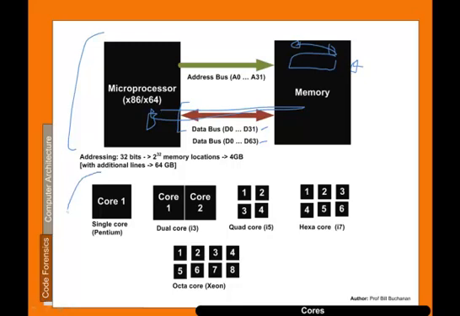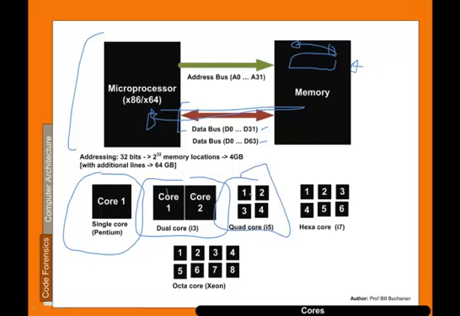So we can either have 1 core, such as in the Pentium. We can have 2 cores inside the processor, so we have 2 processors really inside the single unit. We can have a quad core, such as in the i5, where we have 4 processors. So we can run programs really in parallel.